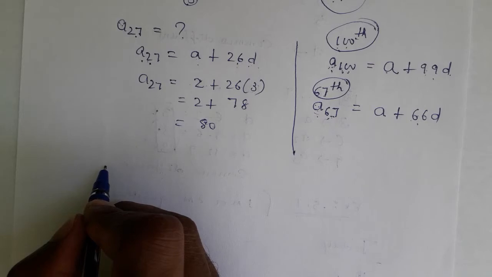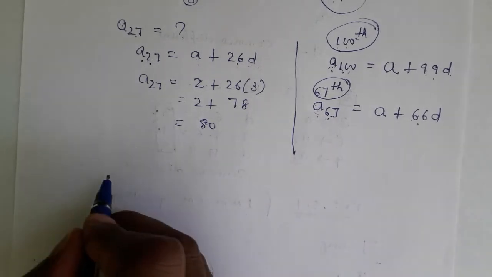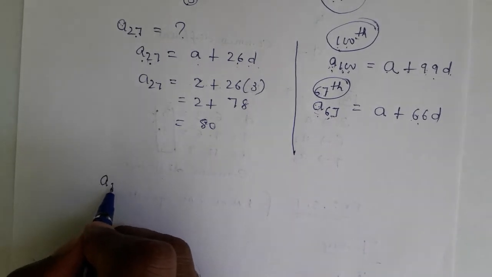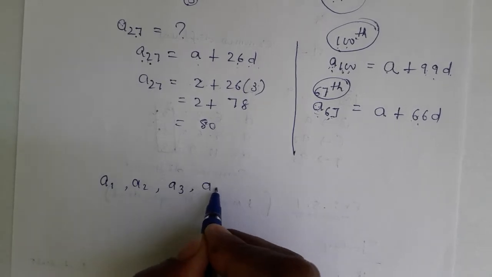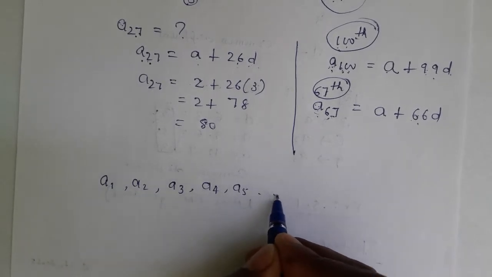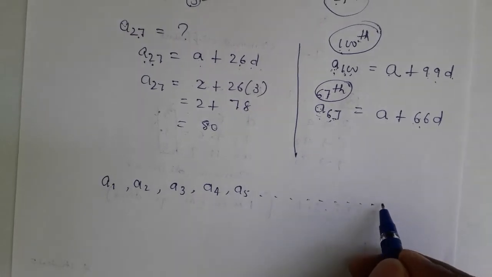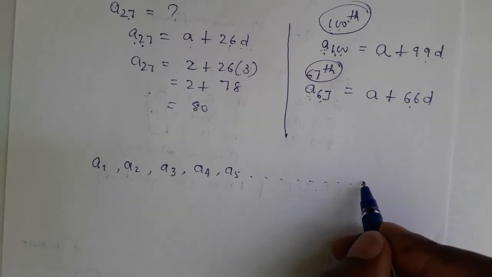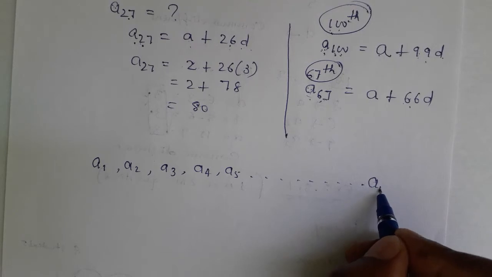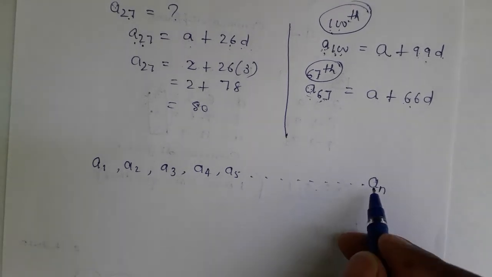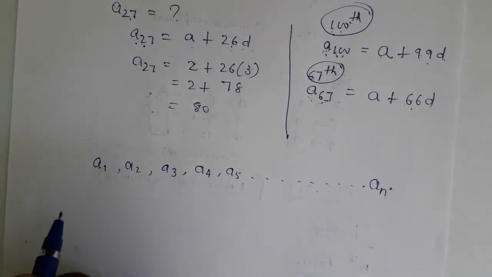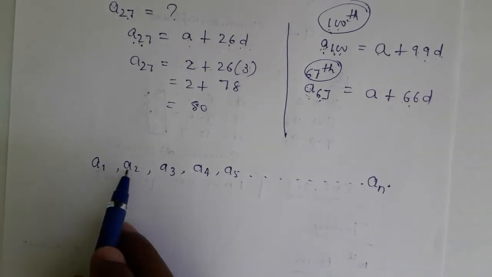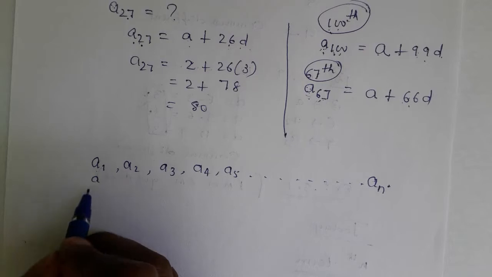Now let us have one formula in the same way. The first is A1, second is A2, third A3, fourth A4, fifth A5, like it is going on. In case it is a finite AP, who is sitting at last? An, because that AP is finite. Finite AP means it is ending with a full stop. First sitting is A1, also it is A, both are same.